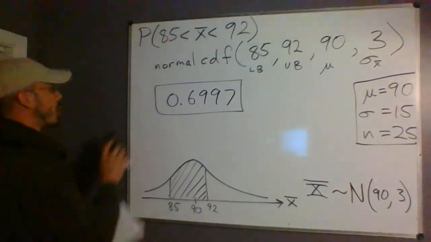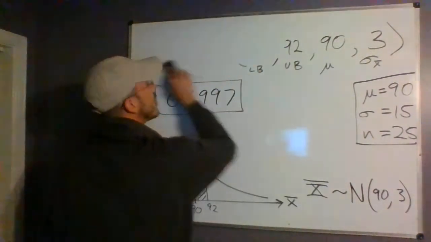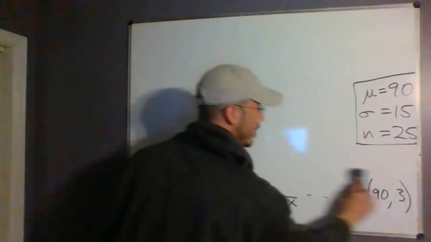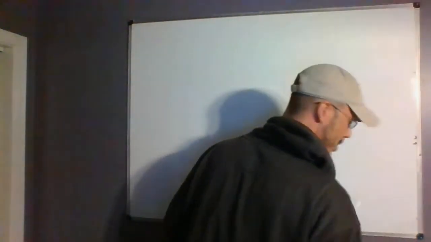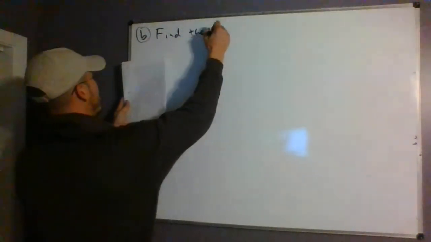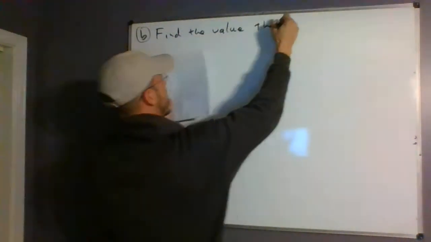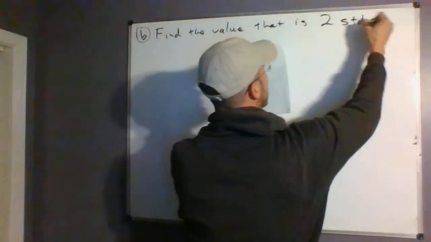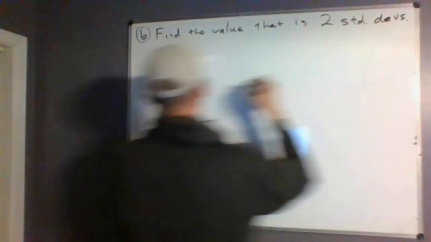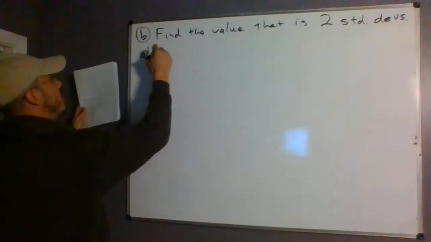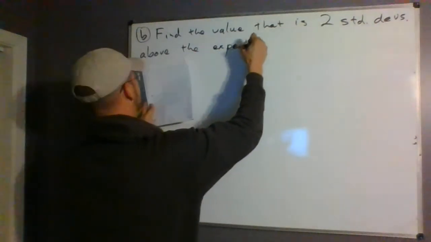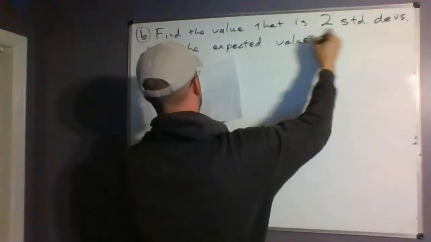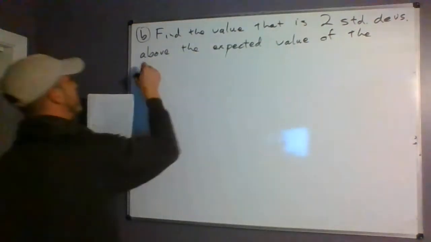Let's do part B for this problem. In part B, we're going to find the value that is 2 standard deviations above the expected value of the sample mean.